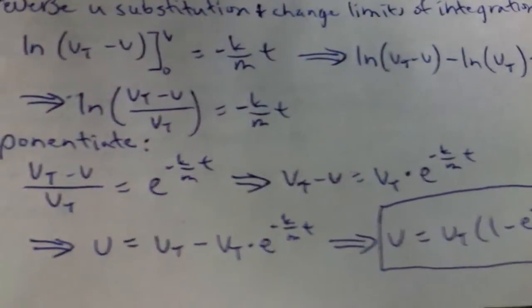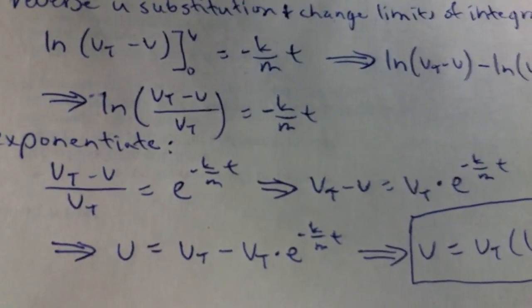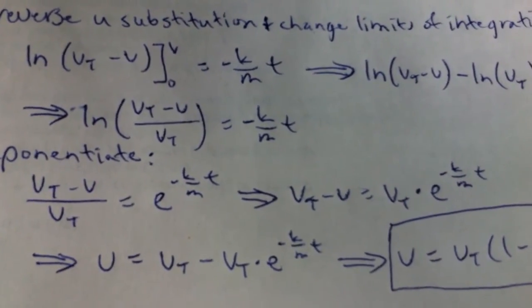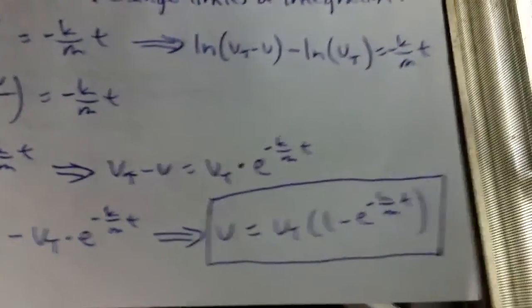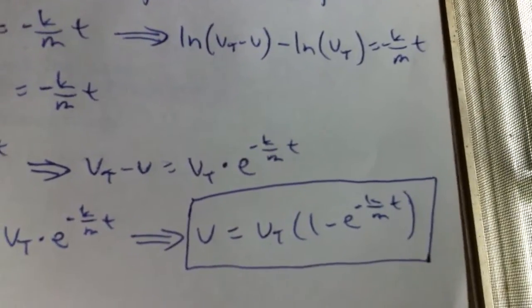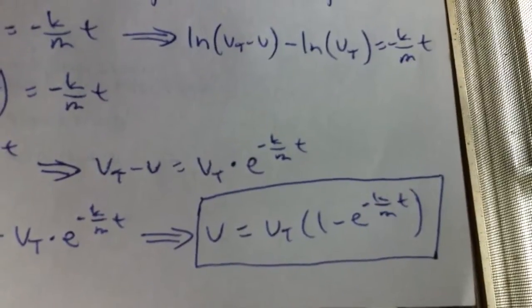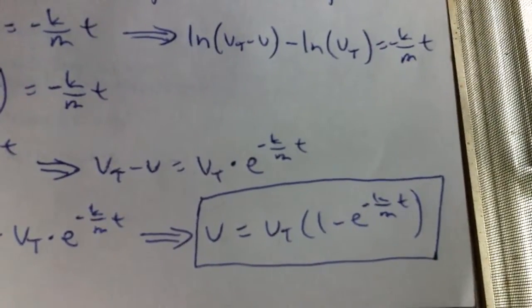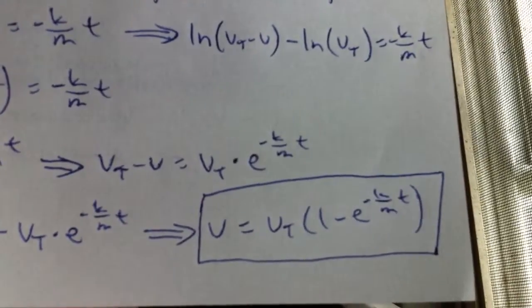Let's rearrange to isolate v, so v equals vt minus vt times e to the negative k/m t. And here's our final answer. That is the function we were looking for, the function of v in terms of time, and that's our answer, QED.